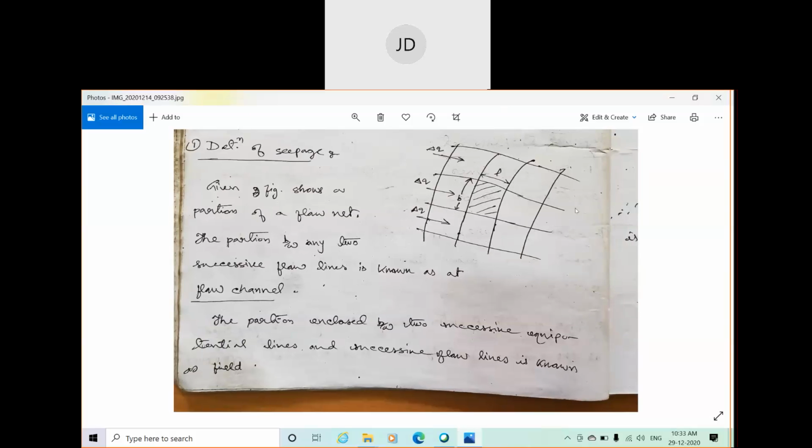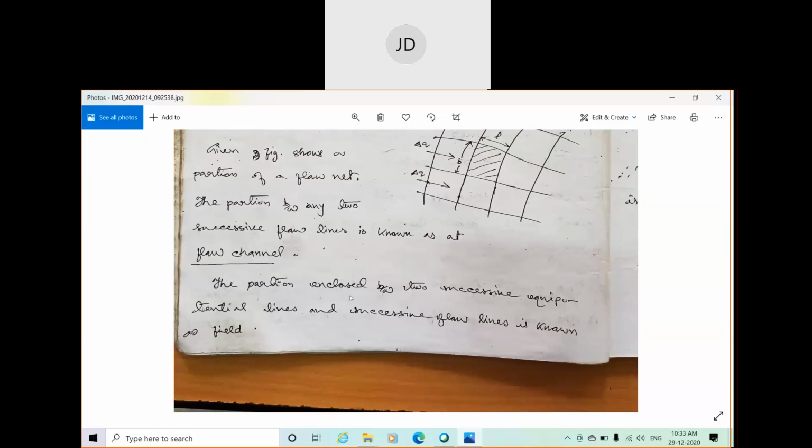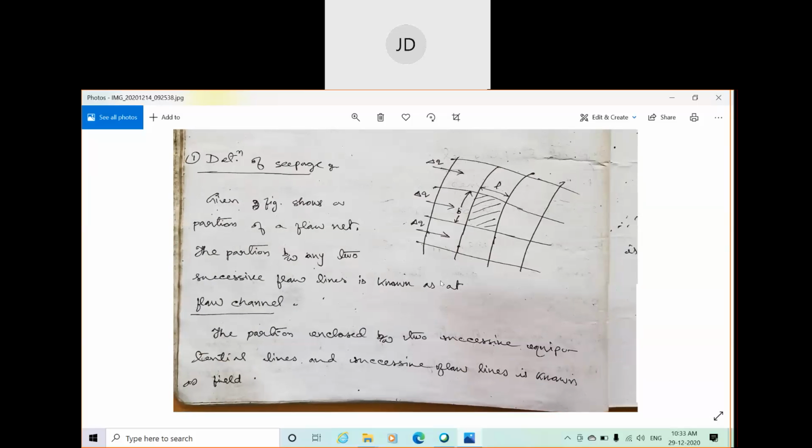It is already mentioned that these are flow channels. And what is a field? The portion enclosed between successive equipotential lines and successive flow lines is known as a field. This is the field. All of these represent fields.